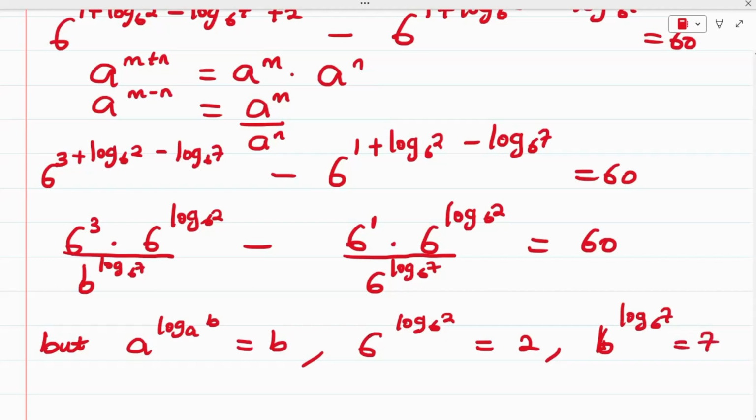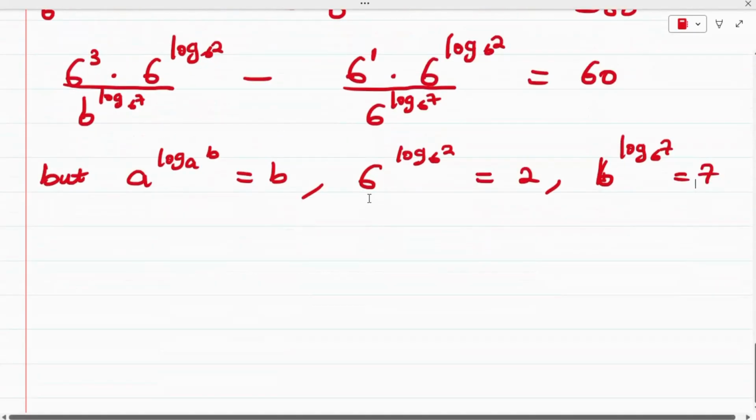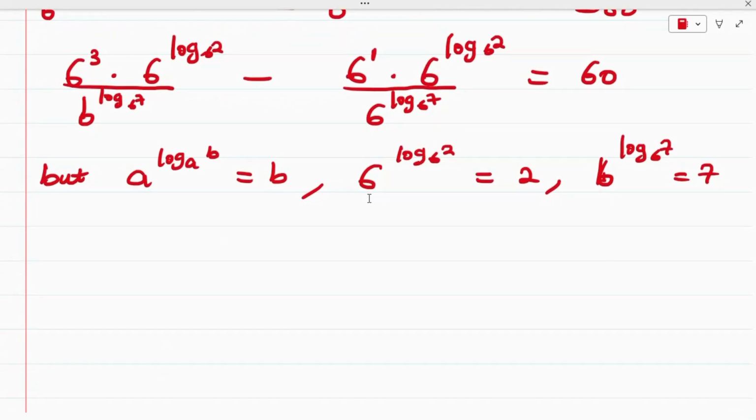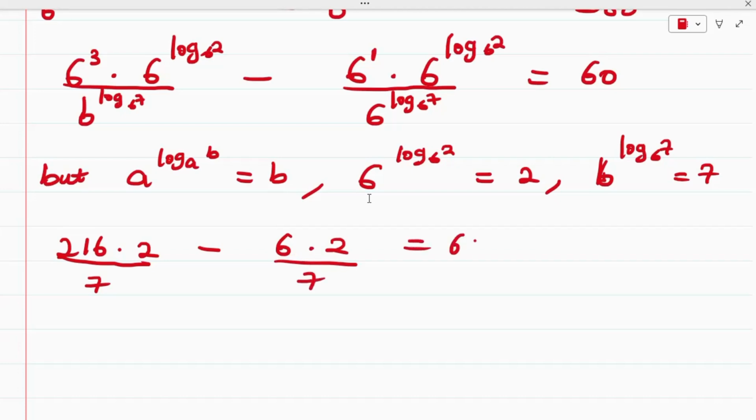So applying this right here, this is going to become 6 raised to the power of 3, which is 216, multiplied by 6 raised to the power of log 2 base 6, which is 2, over 6 raised to the power of log 7 base 6, which gives us 7, minus 6 raised to the power of 1, which is 6, multiplied by 2 over 7, is equal to 60.